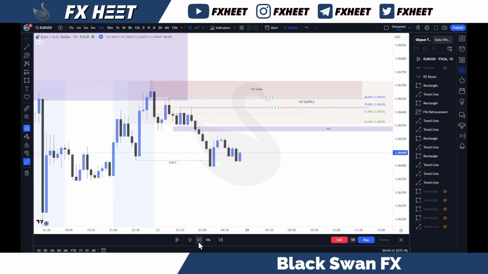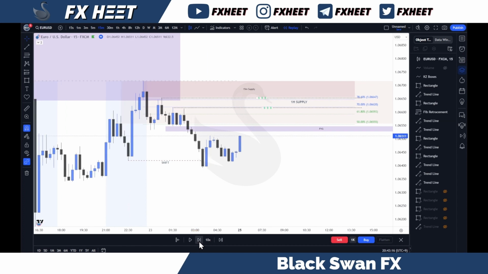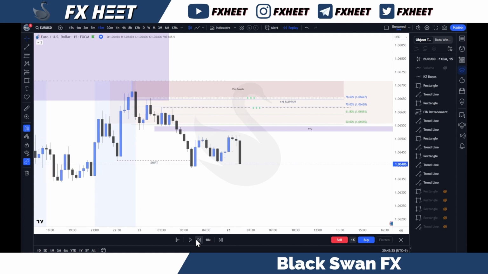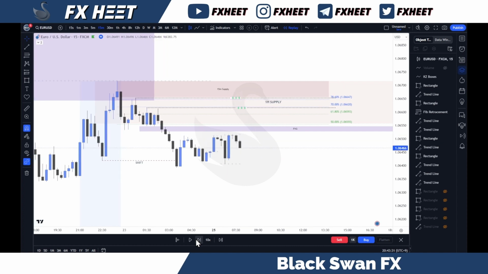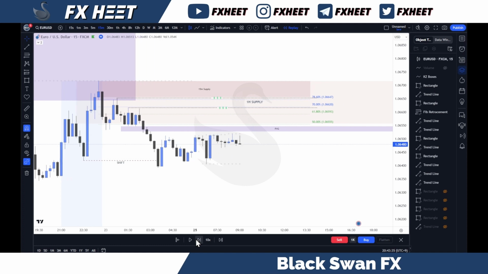Okay, anyways, let's see. So started with a nice push up. So this is opening candle. Pushing down, going back up. Japan's going to open soon.